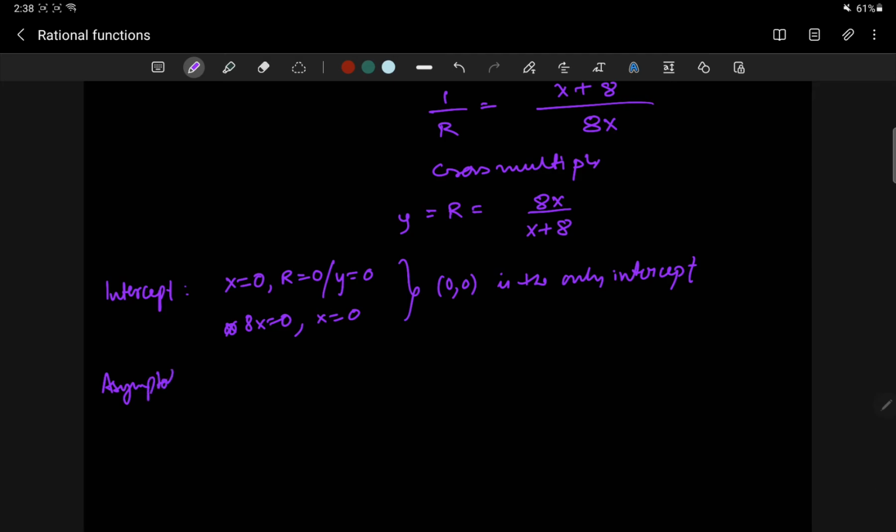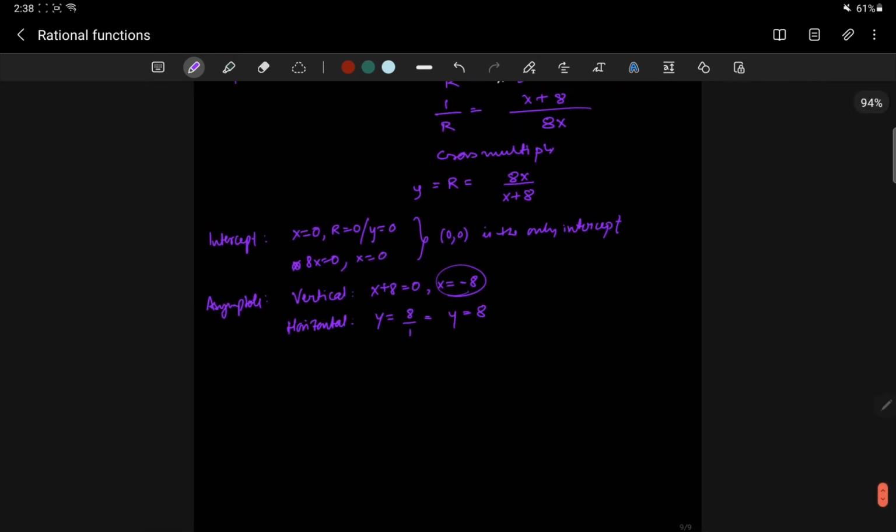Asymptotes. The vertical asymptote happens when x plus 8 is 0, or x is negative 8. The horizontal asymptote is y equals 8 over 1, or y equals 8. Then the plus-minus values: the two values are x equals 0 and x equals negative 8.